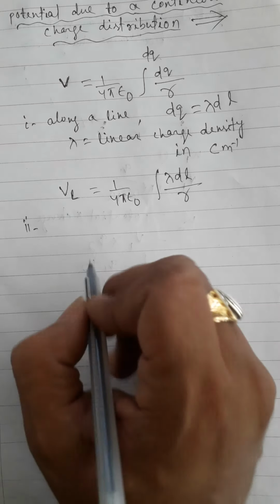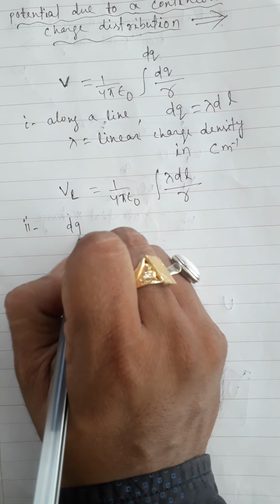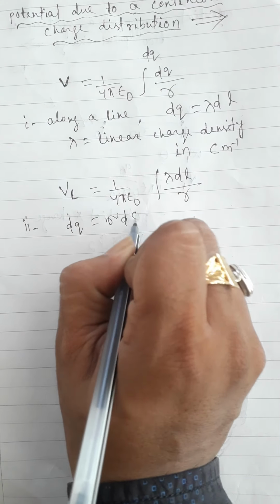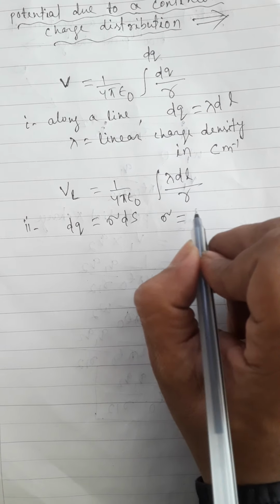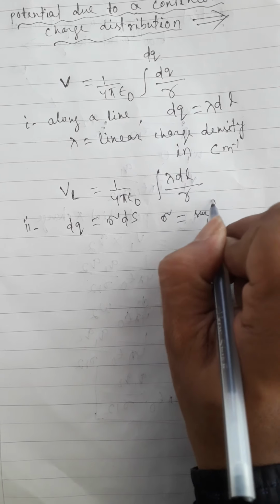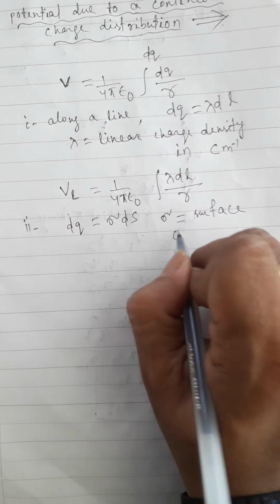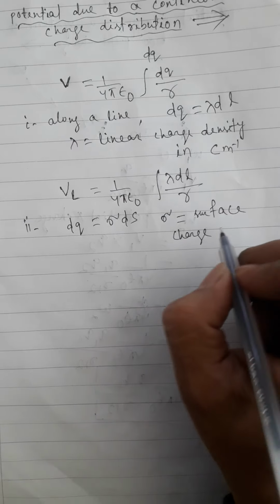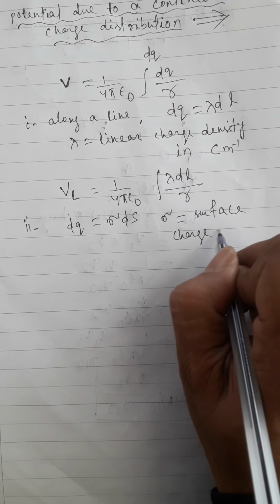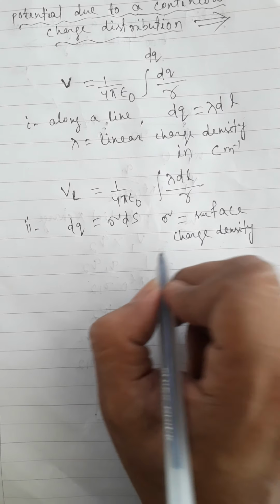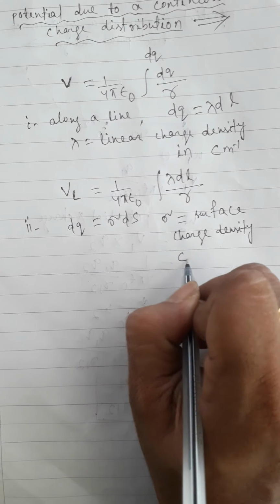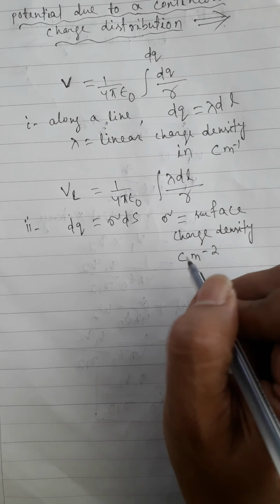Similarly, if the charge is distributed uniformly over an area S, then dq is equal to sigma into ds, where sigma is the surface charge density, and its unit is coulomb per meter square.